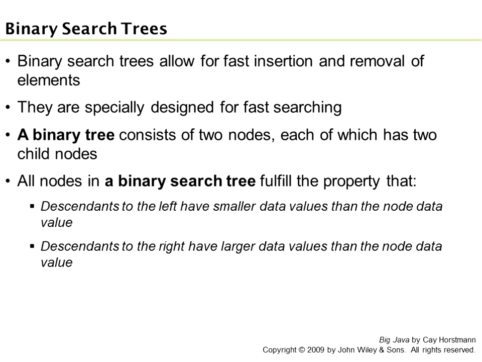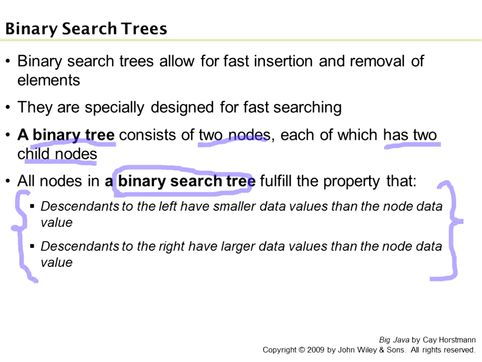These are the properties of binary search tree. And what is binary tree? Each node has at most 2 child nodes. This property holds only for binary search tree, not for binary tree. So this is the difference. Is it clear?